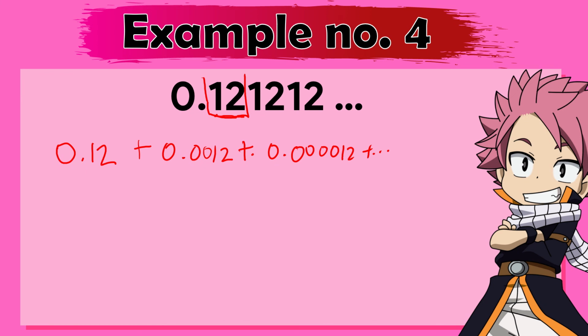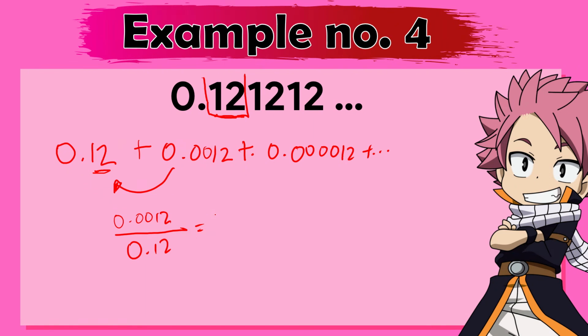Now, kung kanina, ang common ratio natin ay 0.1 lang, ngayon na ang sequence natin na nabuo ay dalawang digits yung nauulit, mag-iiba po ang ating common ratio. O, try natin munang hanapin by solving. Di ba? Magiging 0.0012 divided by 0.12.